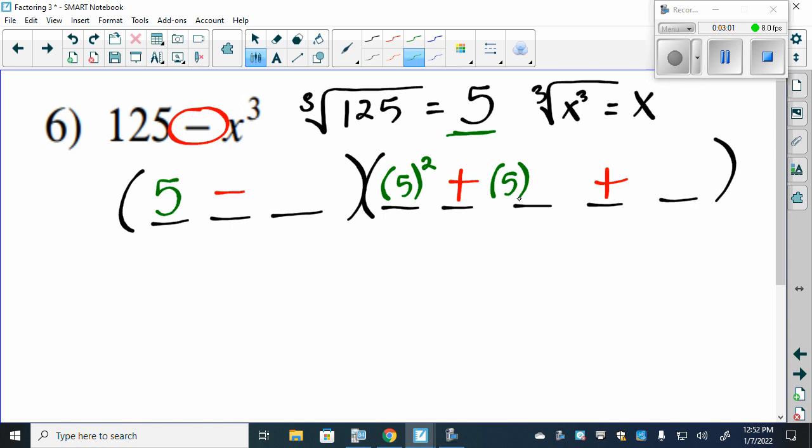But anything to the 0 power would be 1. So we don't need to put it down. In the other spaces, we're going to have our x. So there's just going to be x. With the 5 squared would technically be x to the 0, but anything to the 0 power is 1. So we don't have to write it. In the middle, we'll just have x. And in the last one, we're going to have x squared.